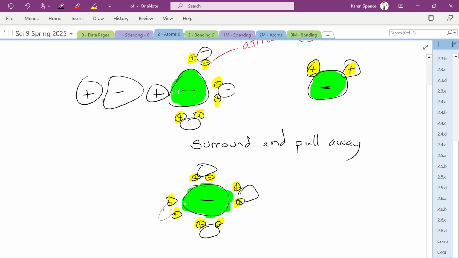Yes. The oxygen, yeah, the oxygen end, which is negative. Okay, and I'm just going to draw the hydrogens without the pluses because they get irritating to draw. But you end up with those negative oxygen ends surrounding that positive ion, and they drag it away.